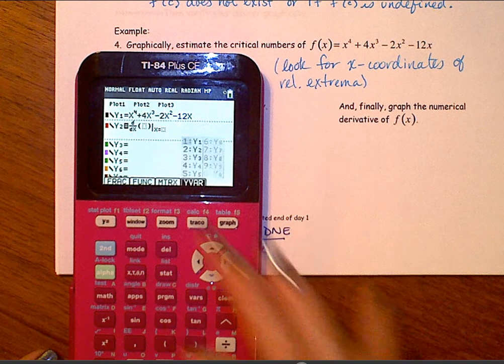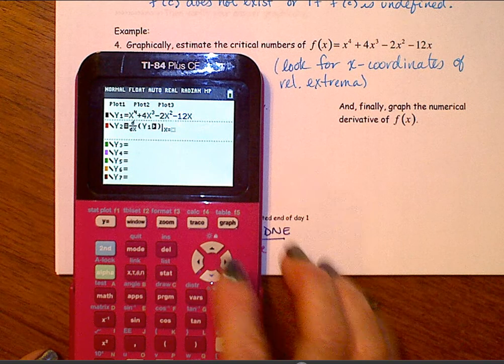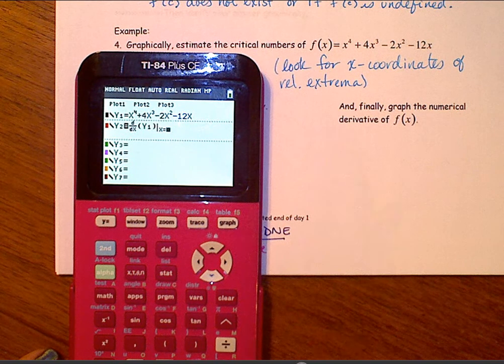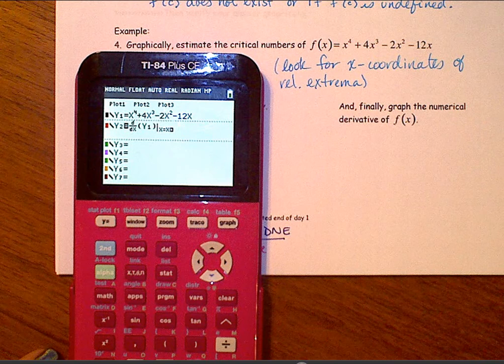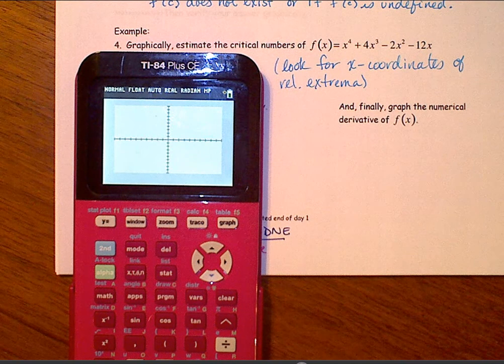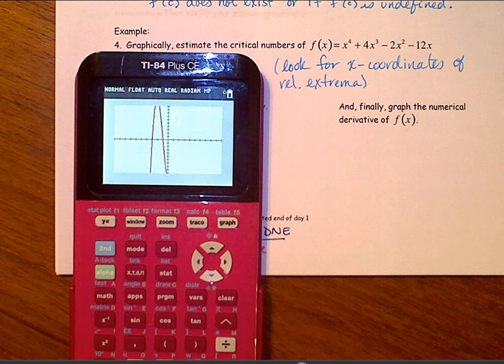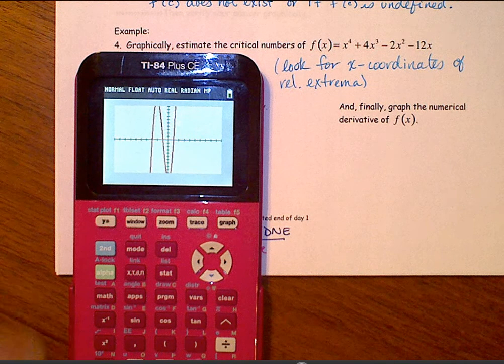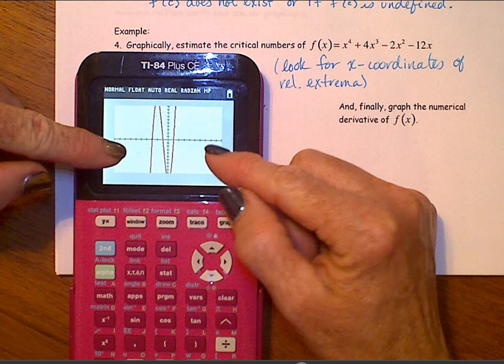That's alpha f4, at, all right, I want the derivative everywhere. So at x equals x, graph. And it's okay that it's off the screen. What I'm really interested in is the graph of the derivative.